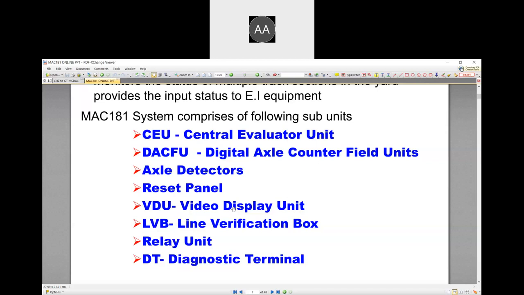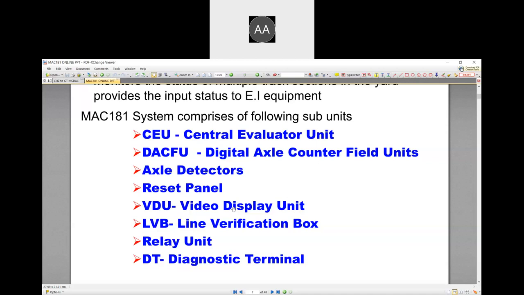The EI VDU has nothing to do with MSC181, because MSC181 will be dealing with only the reset options and the status of the system. These will all be provided in the VDU, and the EI VDU is a different one.